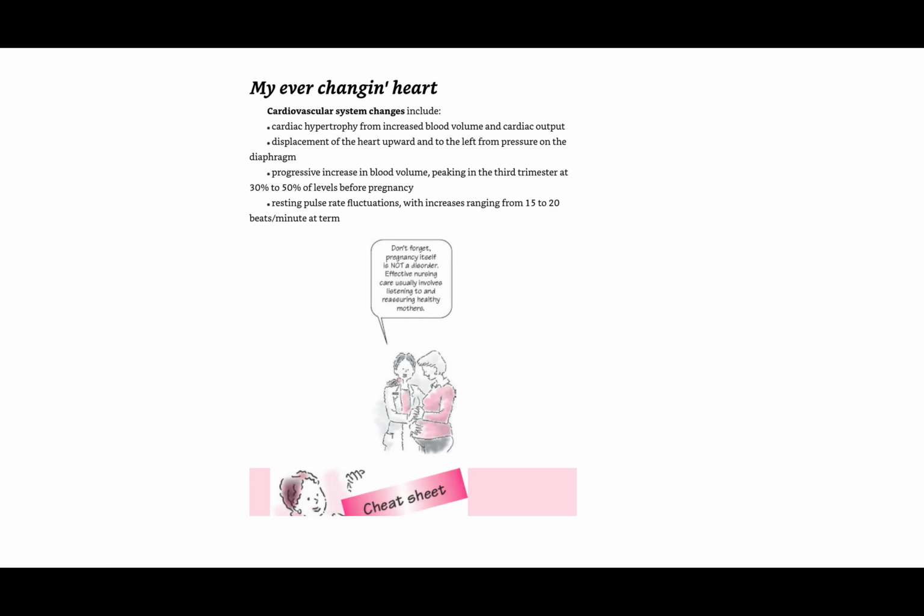We get displacement of the heart upward and to the left because of the expanding diaphragm from the baby. And we get a progressive increase in blood volume that peaks around the third trimester. Our resting pulse rate fluctuates and increases about 15 to 20 beats per minute when we are at term pregnancy.